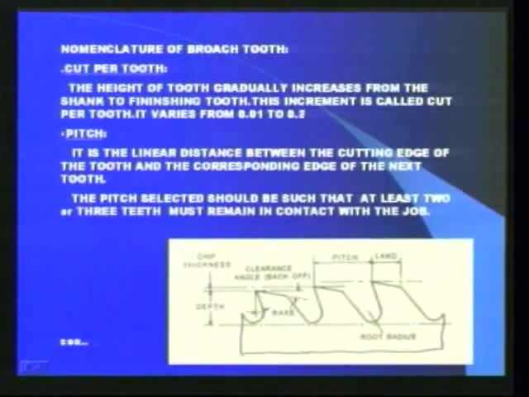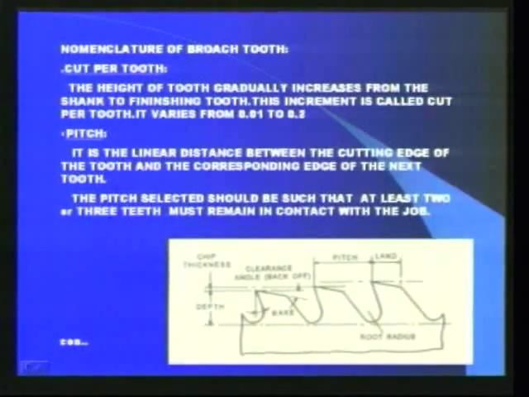The pitch is defined as the linear distance between the cutting edge of a tooth and the corresponding edge of the next tooth. The pitch selected should be such that at least 2 or 3 teeth remain in contact with the job.